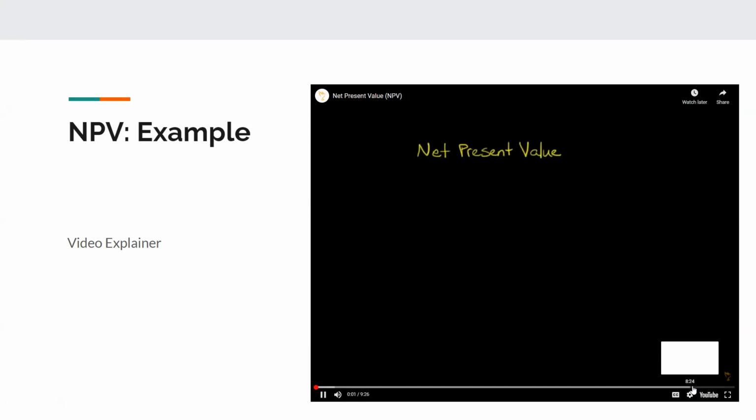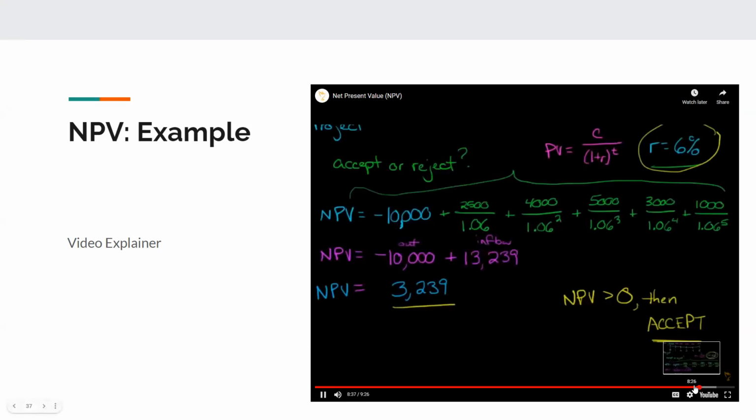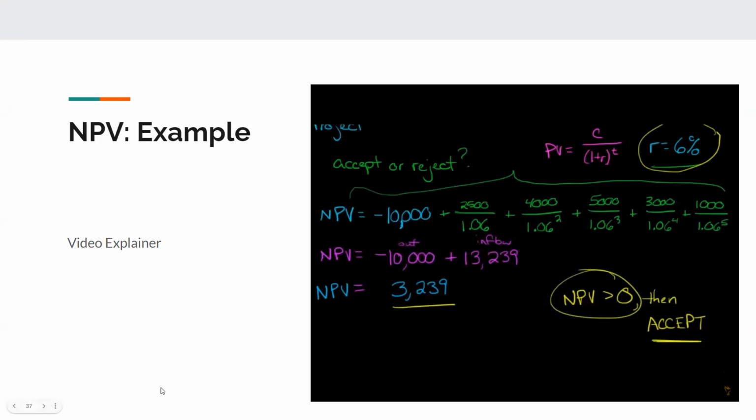So when the NPV is greater than 0, what this is basically saying is that we have added value to the firm above and beyond the 6% that we otherwise could have done with that money.